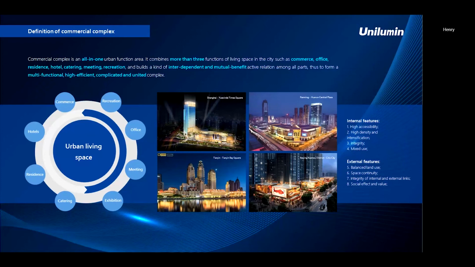It always has internal features like high accessibility, high density and intensification, integrity, and mixed use. External features include balanced land use, space continuity, integrity of internal and external links, and social effect and value.